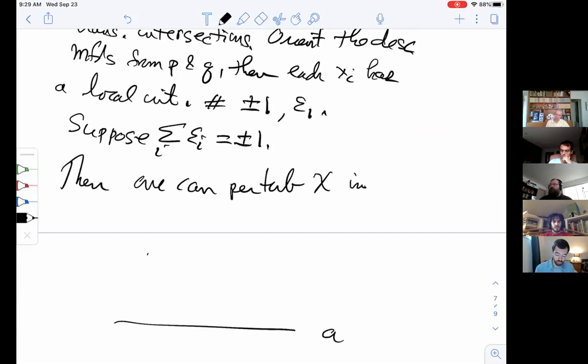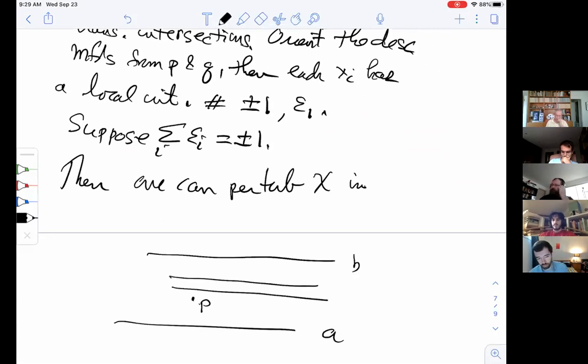Here's a, here's b, here's f of P. There's some region between the value of f at P and the value of f at Q, let's say a' and b'.